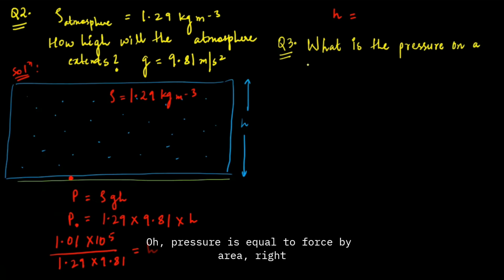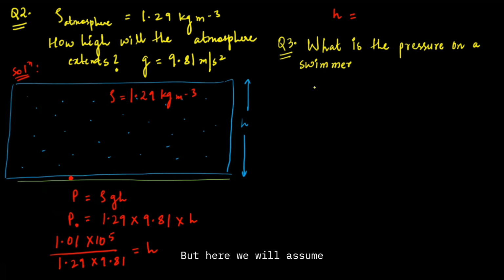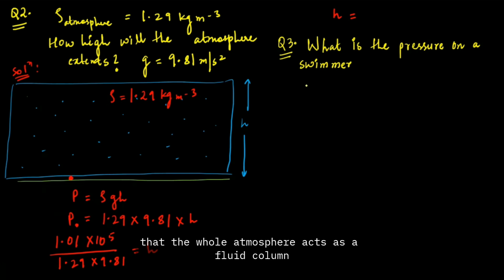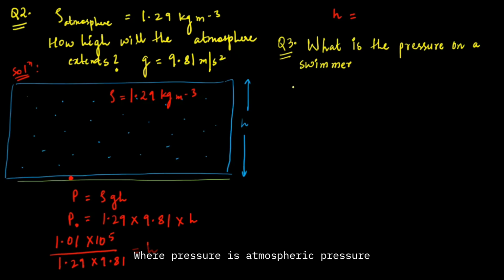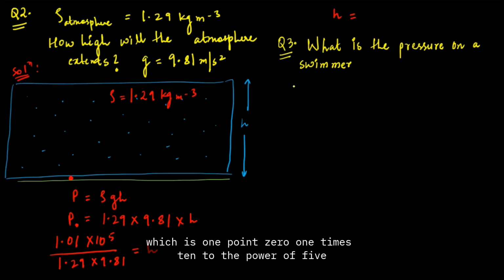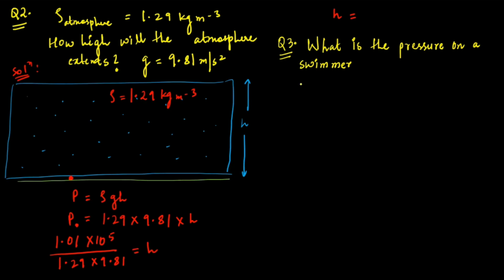Pressure is equal to force by area, right? Yeah, but here we will assume that the whole atmosphere acts as a fluid column. So we can find out pressure using rho gh, where pressure is atmospheric pressure, which is 1.01 times 10 to the power 5, and rho as well as the value of g is mentioned in the question.